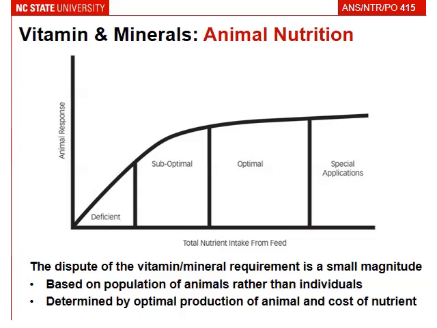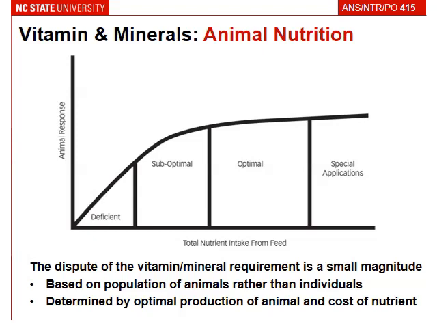Now, determining the requirement for animals is much different than what we utilize for humans. So in animals, we're not so much concerned about individual animals. We are concerned about the population.